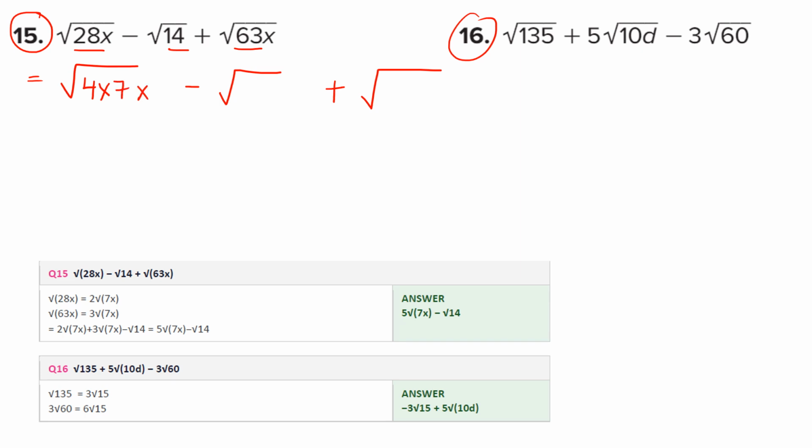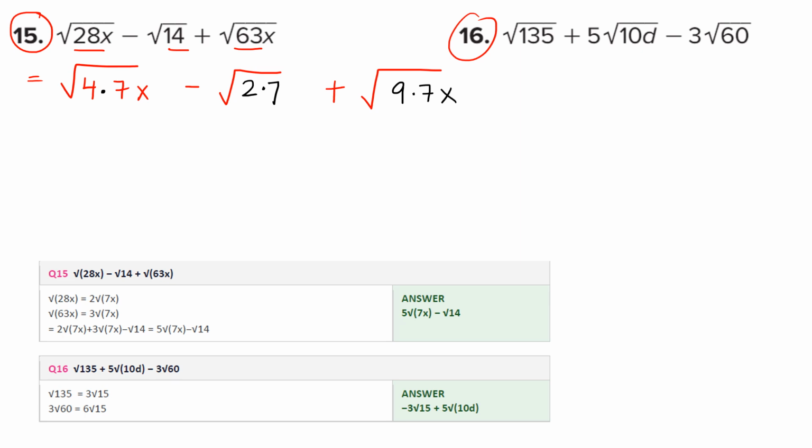There is x also. Just to avoid confusion, I will replace the multiplication with the dot, because otherwise you will get confused with the x. So this is 4 multiplied with 7x. Now this is 2 multiplied with 7 and this is 9 multiplied with 7 and there is x also.